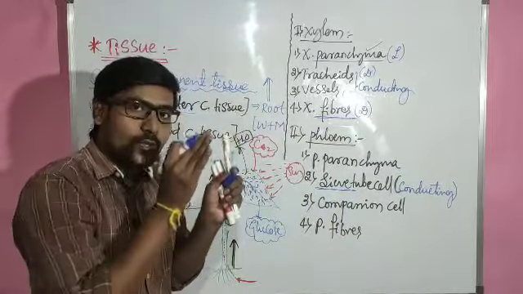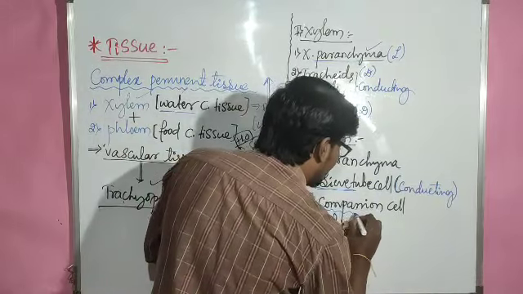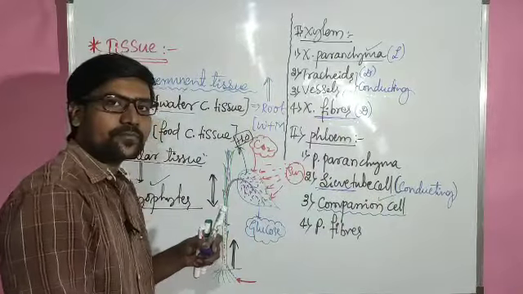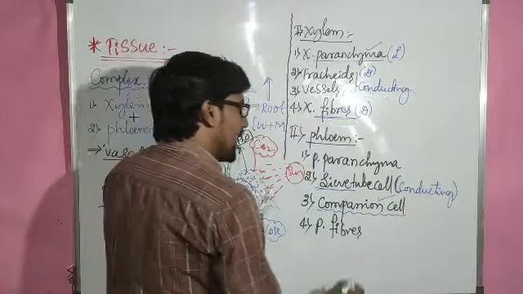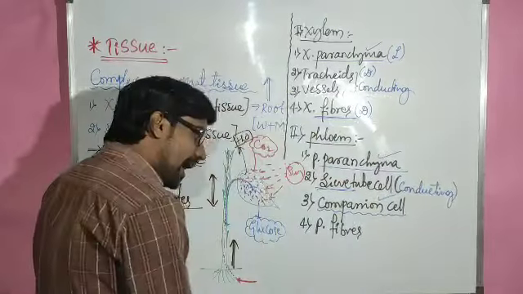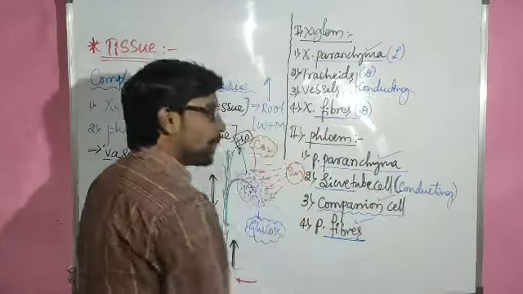Through the sieve tube cell the food is conducted, and the conduction is controlled by the companion cell. So it is controlling this sieve tube cell. And as usual the food gets stored in the parenchyma, and fibers work as usual, giving mechanical support.